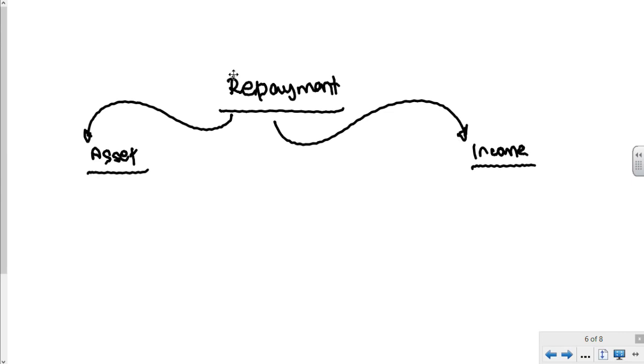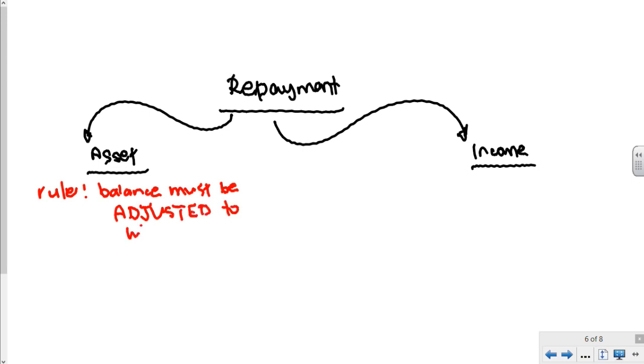Okay, so with asset-based grants, the rule is the balance must be adjusted to what it would have been at the lower government grant amount.